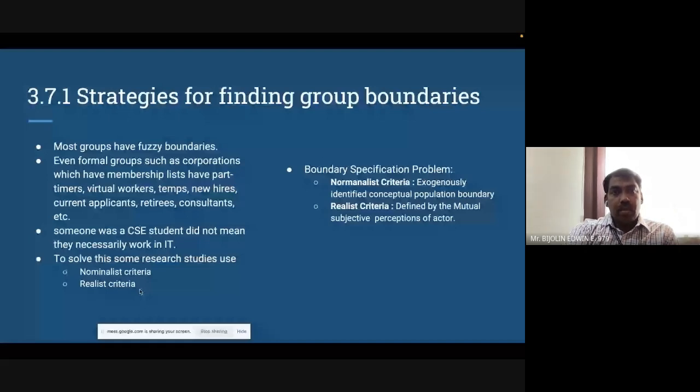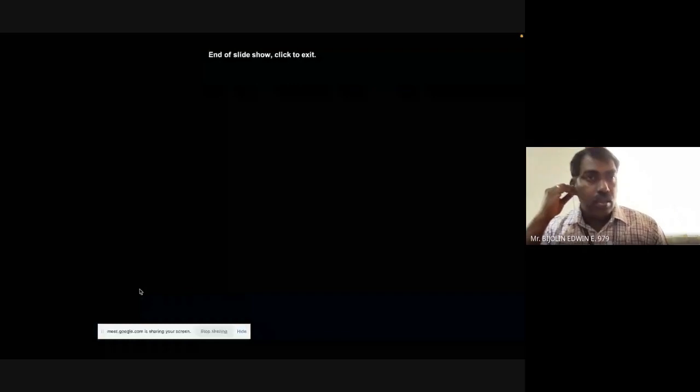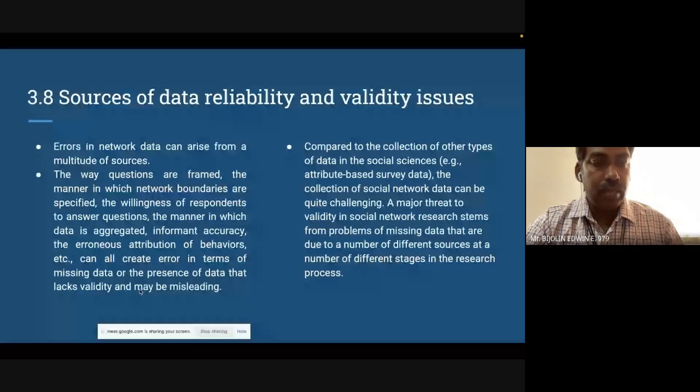And some data reliability and validity issues based on the network. We have already gone through it. Sources of data reliability: we have already gone through a few algorithms. If you take a survey or census, we should look at the data reliability.